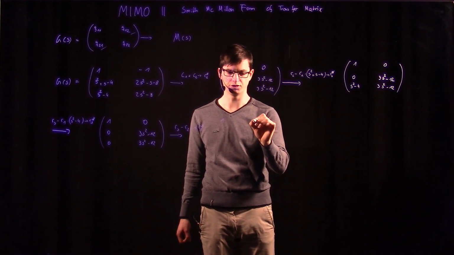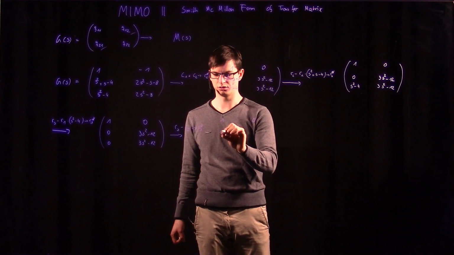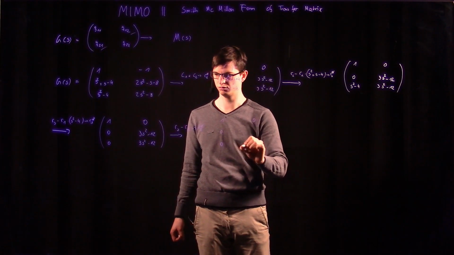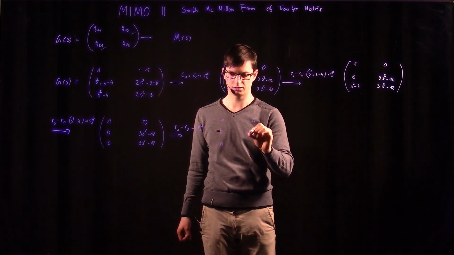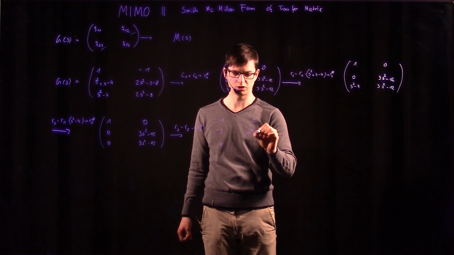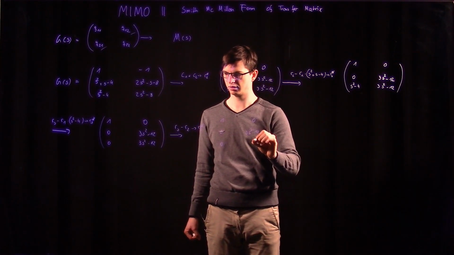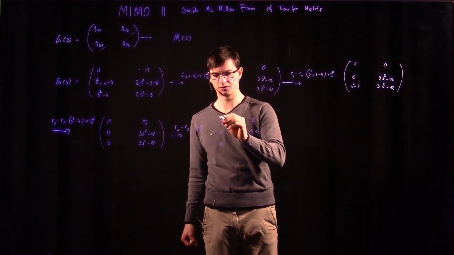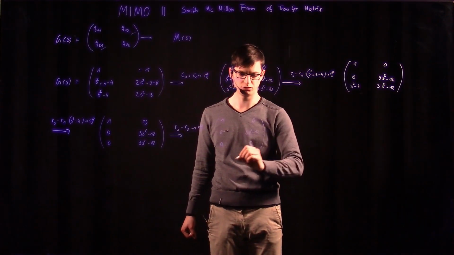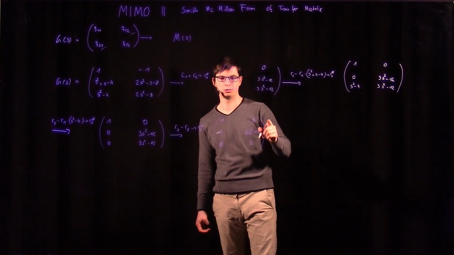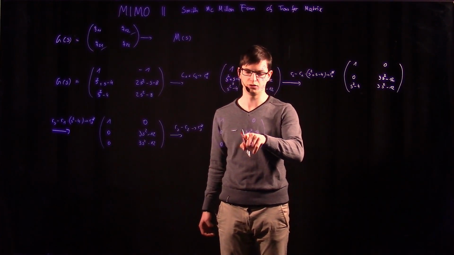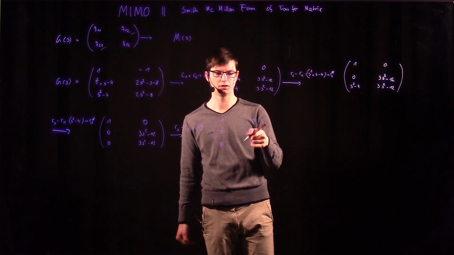Then we have 1, 0, 0, 0, 3s squared minus 12, and 0. The only thing that we will do is get rid of this 3 by dividing row 2 by 3.